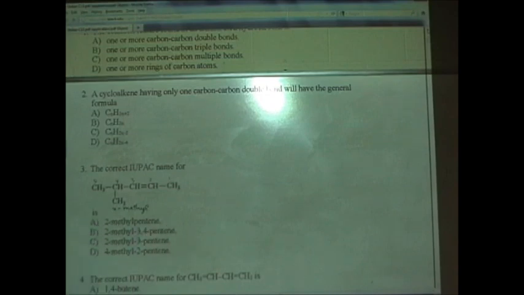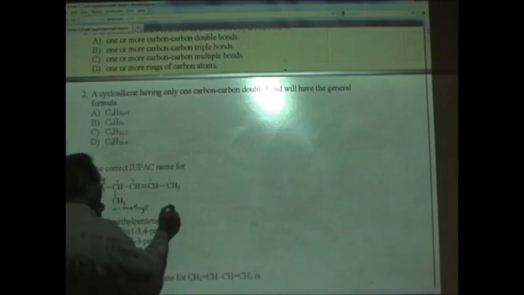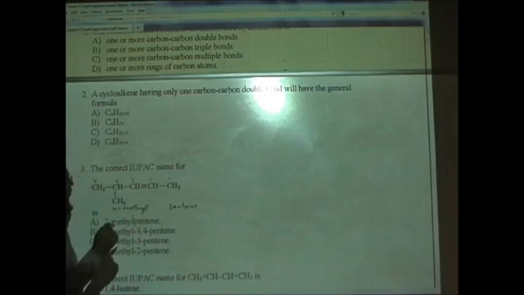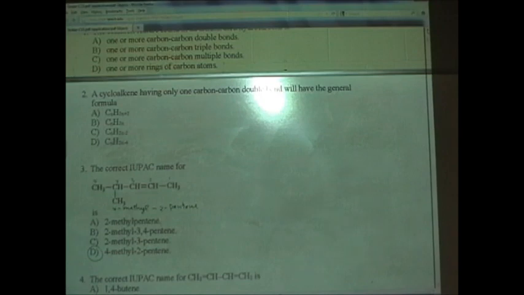Now, what is the answer? That has to be pentene. Not only one pentene, it had to be 2-pentene. Why? Because of where it's located on the chain, right? So what the answer should have been is this, right? The 4-methyl-2-pentene. Yes. Okay.